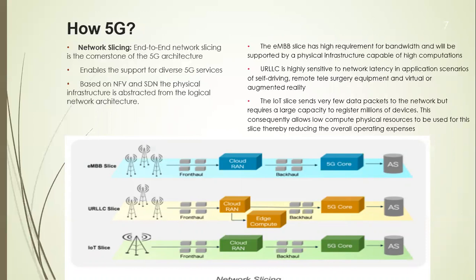So if one network wants to support all these kinds of services, that means the network has a subscriber base which is scattered across these three different kinds of services.